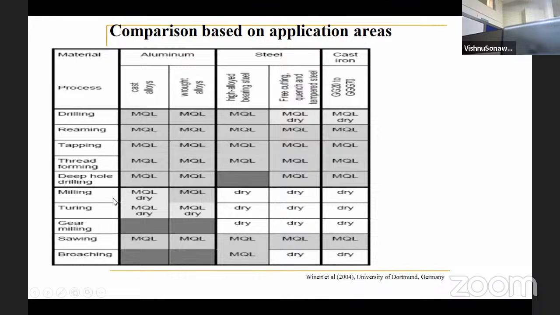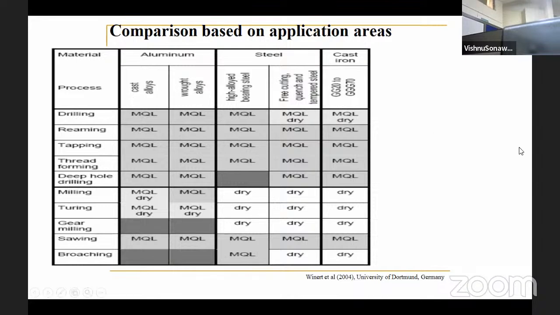But for milling, turning, gear milling, sawing, broaching, these machining methods, if you are going towards steel and cast iron, for milling, turning, gear milling, these only three processes, you should go to dry machining operations. Okay, right? Dry machining operations, and for the remaining, that is sawing, you should go to the minimum quantity lubrication.